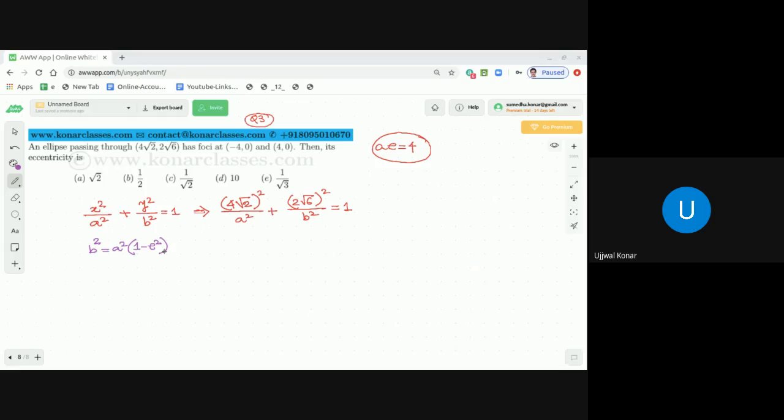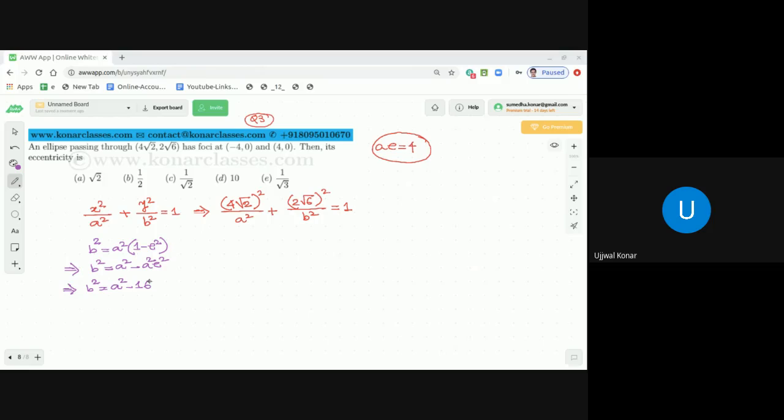So we can write b square is equal to a square minus a square e square. But what is the value of ae? The value of ae is 4, so the value of a square e square should be 16. So from here b square is equal to a square minus 16.